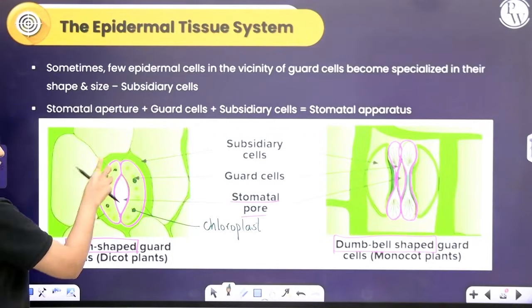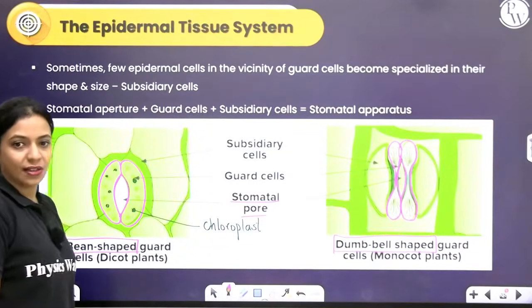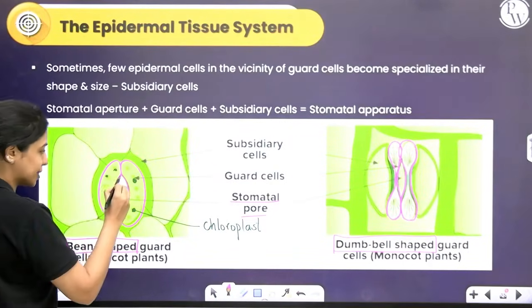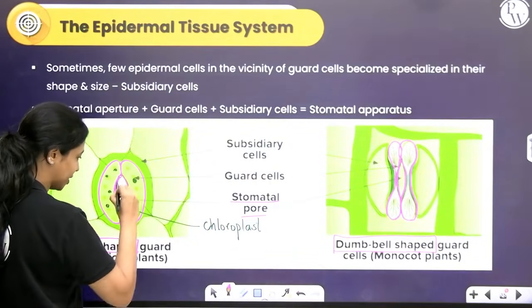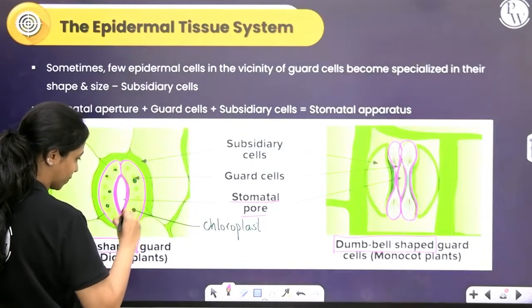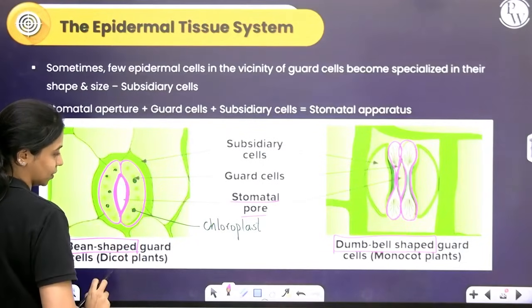Also, if you look at the cell wall of guard cells, there is differential thickening. The wall of the cell is not uniformly thick. Towards the inside, towards the pore, it is more thick compared to the outside.